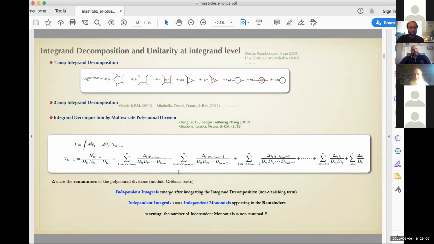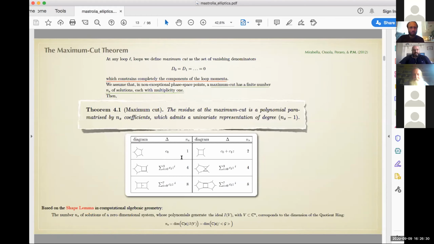Now, the integrand decomposition at one loop was extremely successful because the number of individual monomials was limited, but at higher order we knew that there were leftover integrals that do not integrate to zero, and these still characterize the difficulty level, complexity level for the calculation.